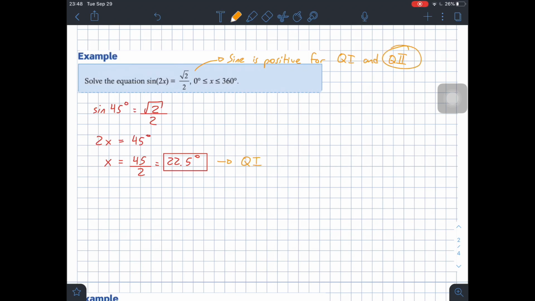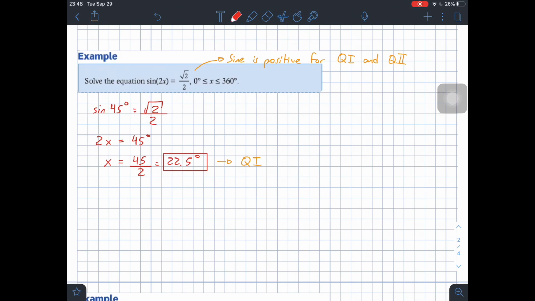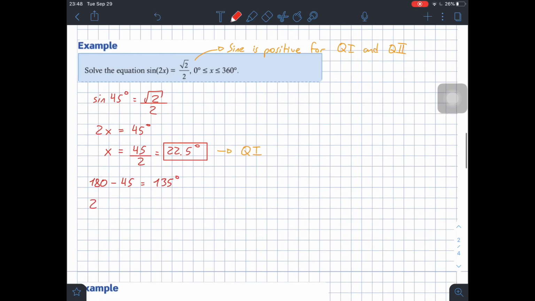But we have a second answer, which corresponds to the second quadrant. So another possible solution would be 180 minus 45 degrees. That's how we find an angle in second quadrant. And this is equal to 135 degrees. So the angle, which is 2x for this exercise, can also be equal to 135.